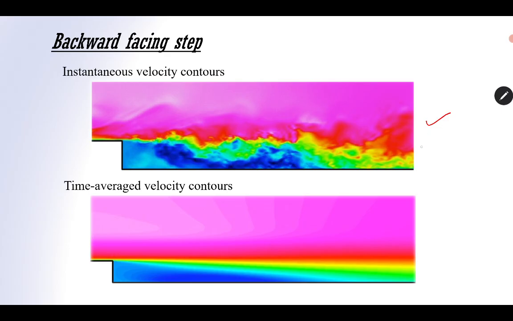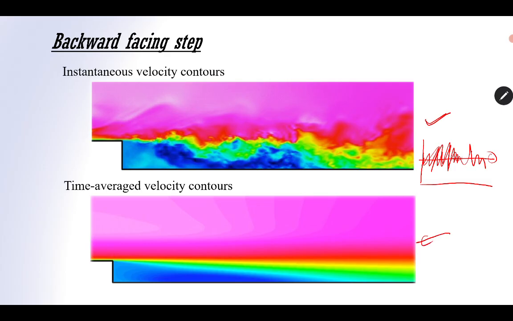Before this we have the fluctuation of velocity, and then we take the average to simplify our calculation. This one is the real one, with the fluctuation of velocity, and when we take the average of the fluctuation, we get this kind of result.